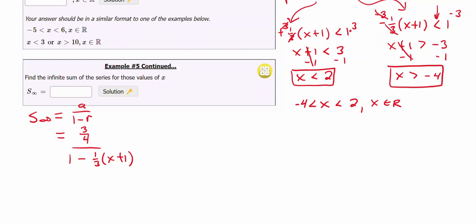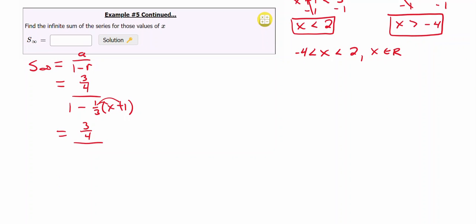All right, so now let's simplify this up a bit. I'm going to expand the 1 over 3 into this one on the next row down. So now we've got 3 over 4 over 1 minus x over 3 minus 1 over 3.